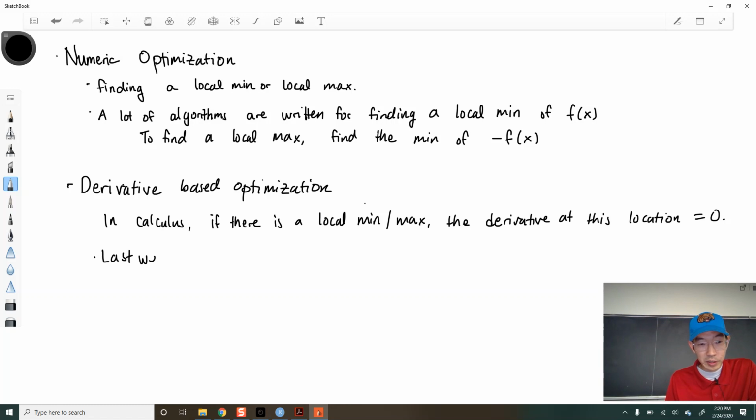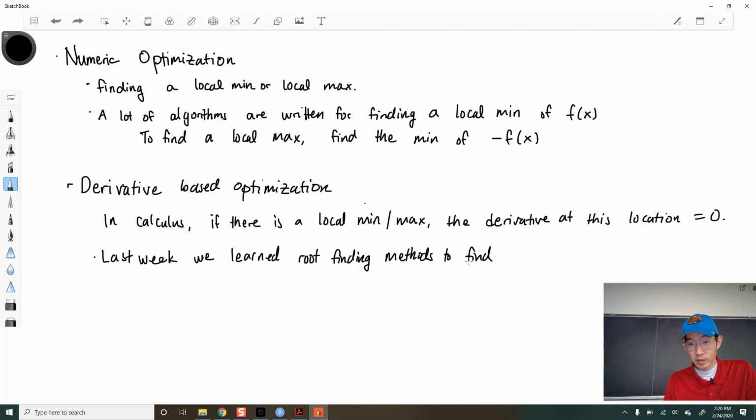Last week we learned root finding methods to find where f of x equals 0.